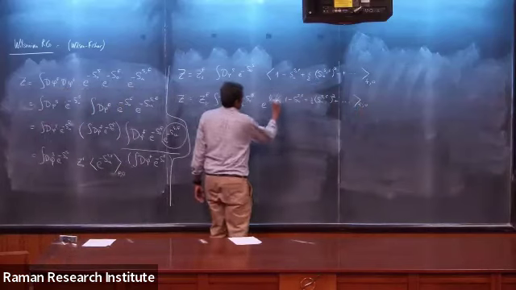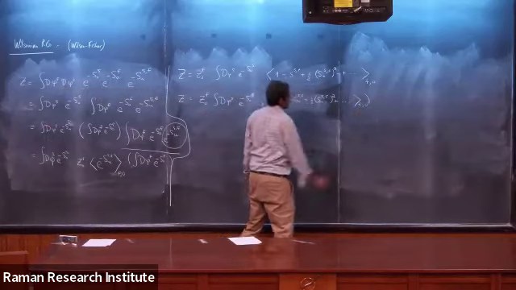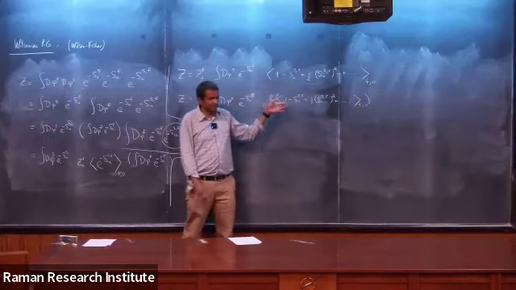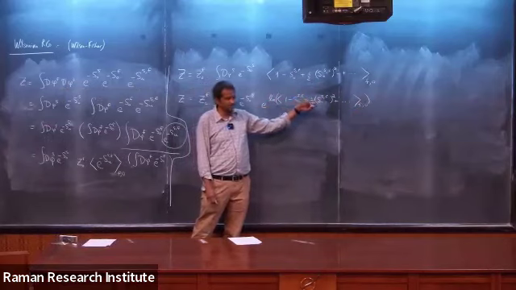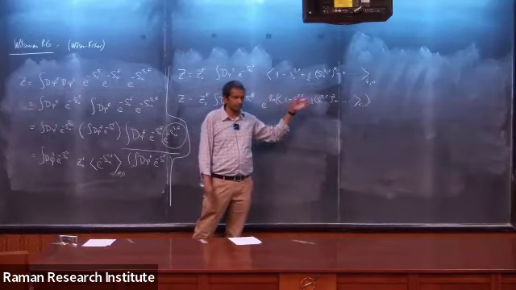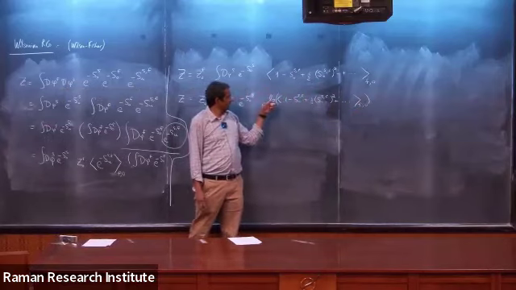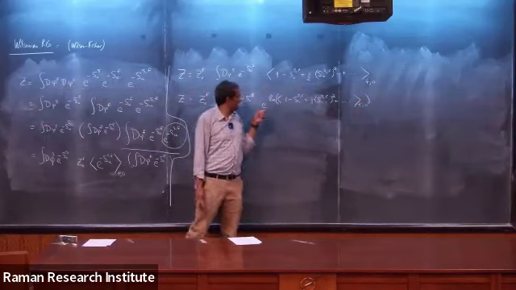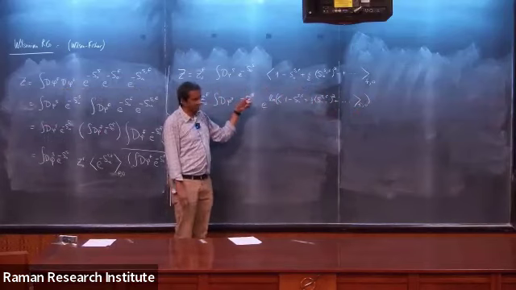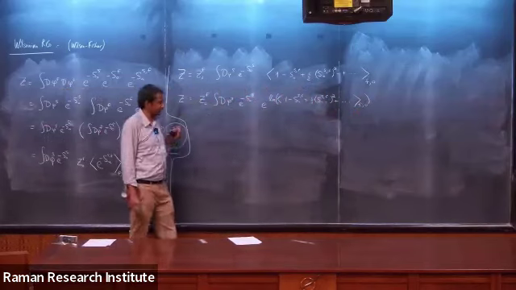So I have to take this infinite sum. I'm doing perturbation theory, so these terms are smaller. And now I have to take the log of that entire expectation value, and that will give me a definition for what this action is.